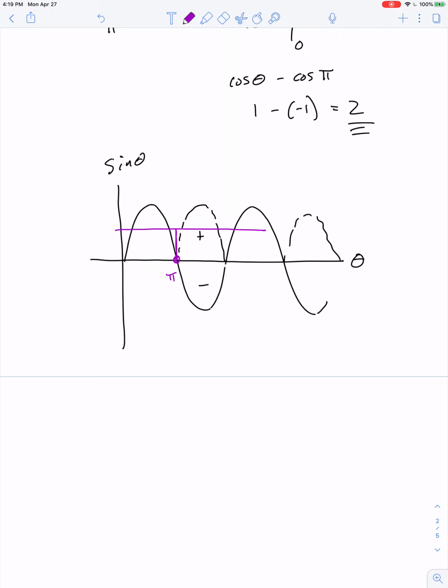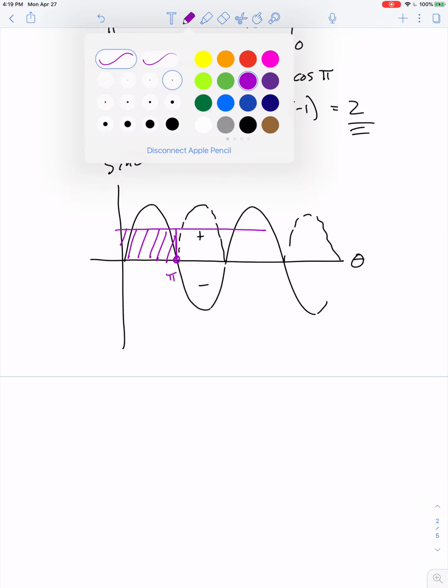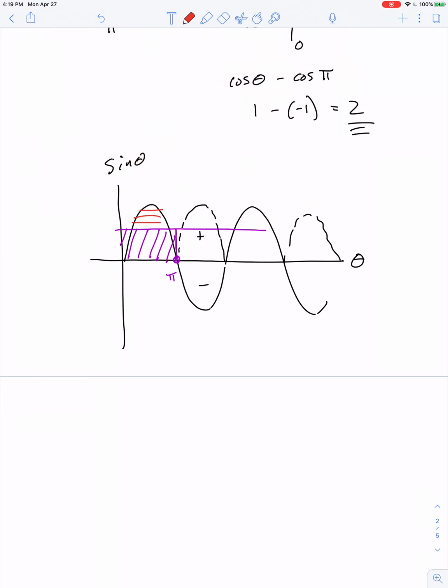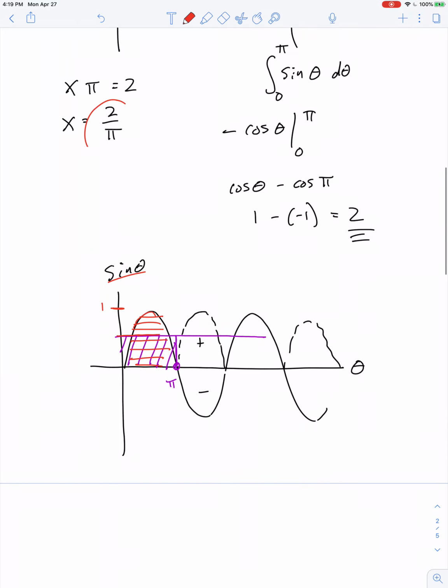And how can we make it so that this shaded area here matches all of this shaded area. Well, that would only be the case. We know, first of all, the maximum value of sine of theta is 1, and then we found out this steady value would have to be 2 over pi.